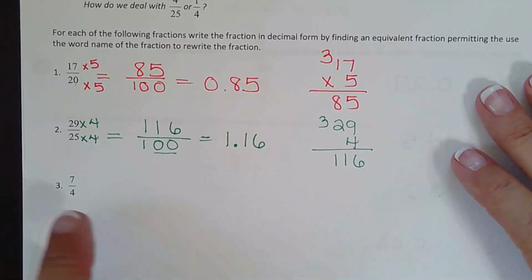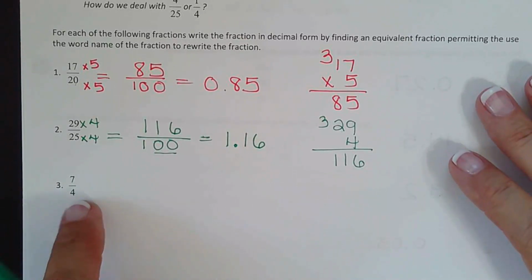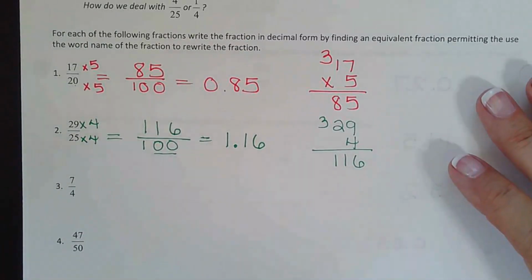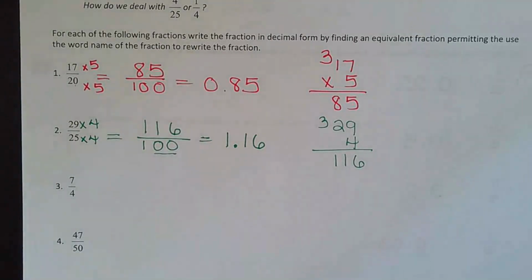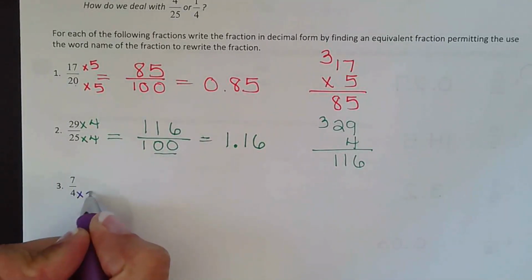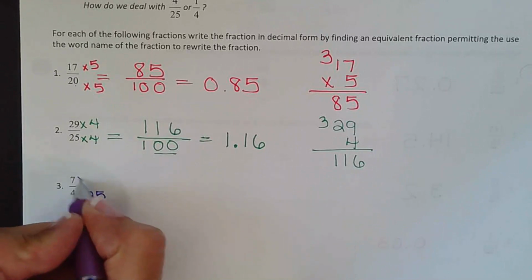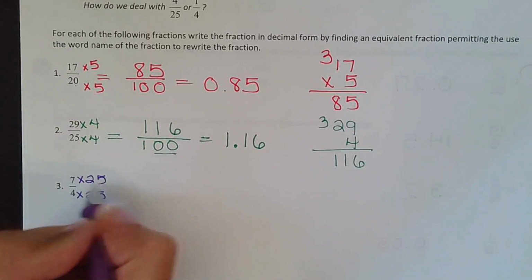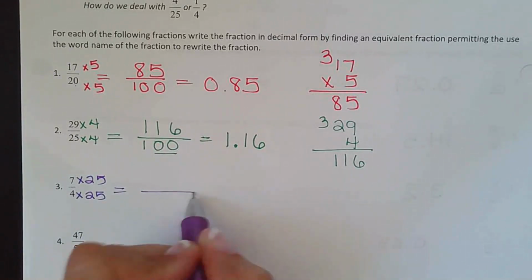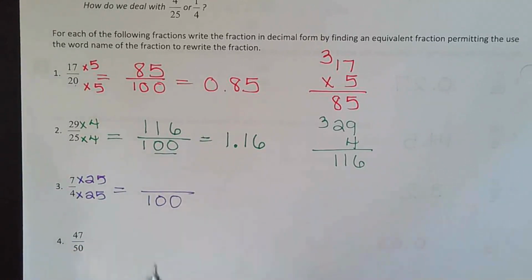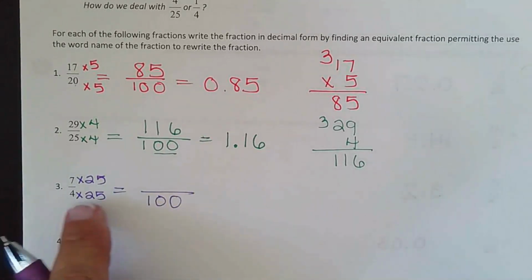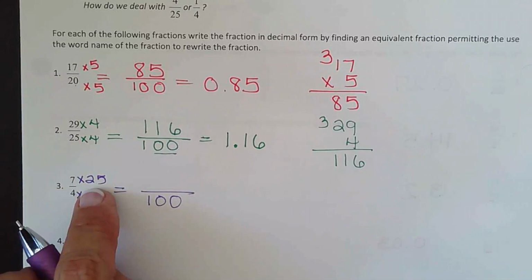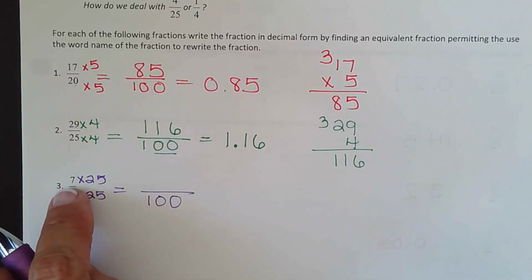Okay, 4 can't be turned into 10, but it can be turned into 100. 4 times 25, 4 quarters makes $1. So this would be over 100. And 25 times 7, I think in quarters. 4 quarters is $1, and 3 more quarters is $1.75.